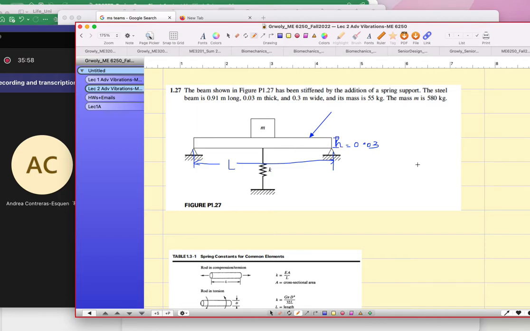And then it has the width, which is over here. So if you take a look, this is the width inside the paper. It is a little bit tough for me to draw a straight line, but you understand that. So this is the width. This width is 0.3 meters.